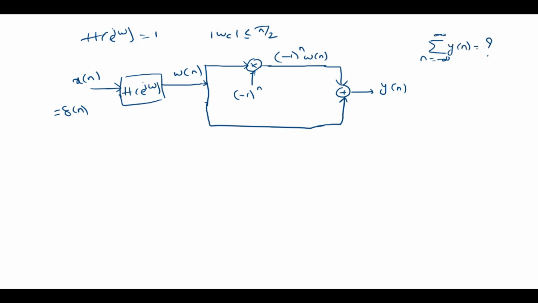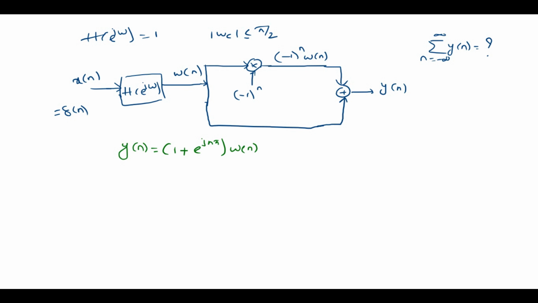Y[n] you can directly write as (1 + e^{jnπ}) w[n].